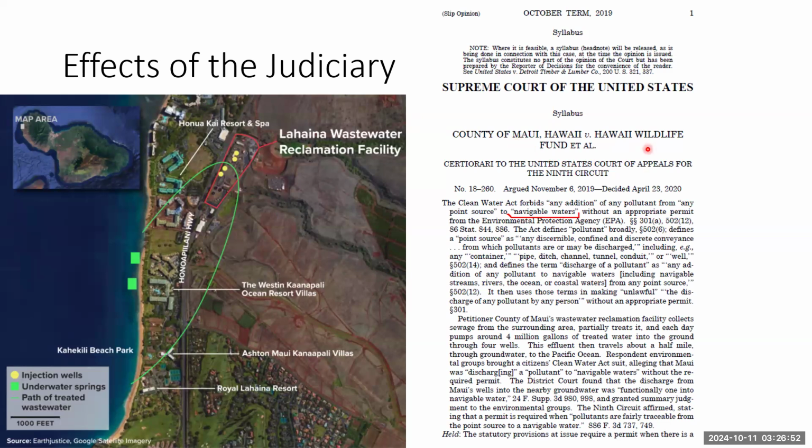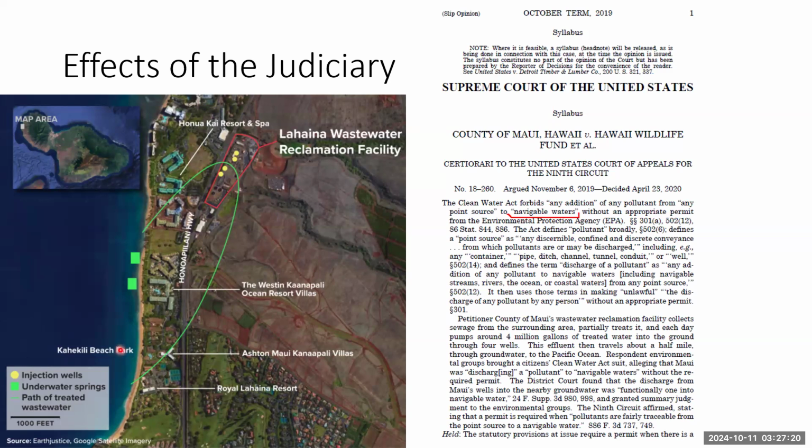And what's happening in this case is the County of Maui, which is the whole island, has a wastewater treatment plant here. And just down the hill from that wastewater treatment plant is this hotel and resort and this other hotel and resort. These hotels and resorts are along the shore here, and they have all sorts of coral reefs along this part.